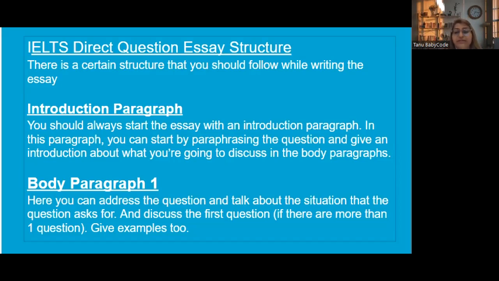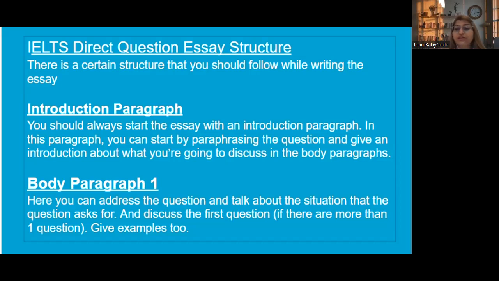Second is body paragraph 1. What you are supposed to write in body paragraph 1. Here you can address the question and talk about the situation that the question asks for. As I told you, a direct question essay asks you some general questions.